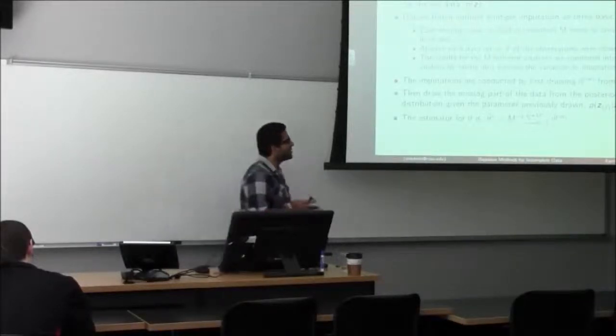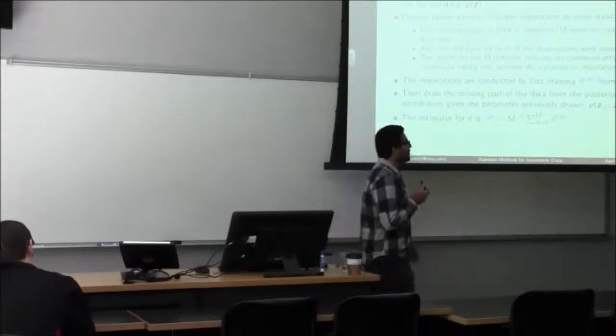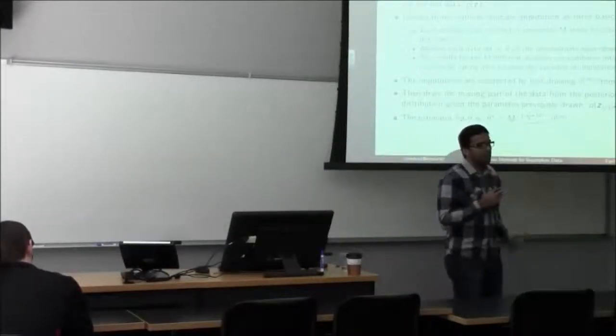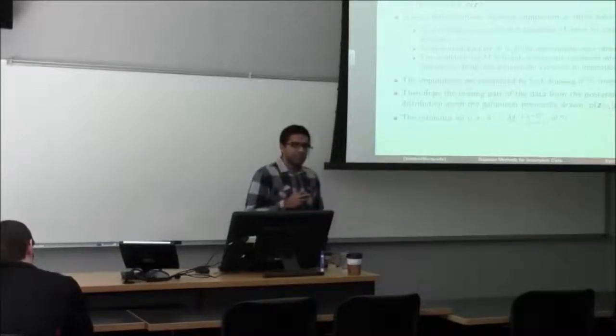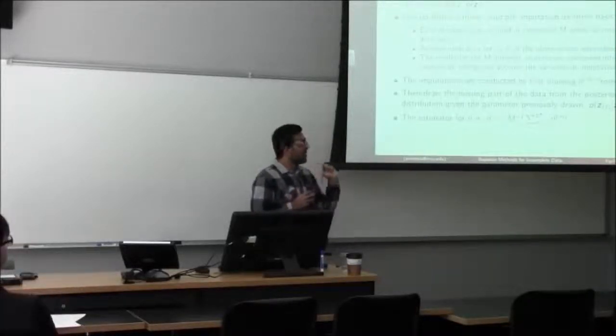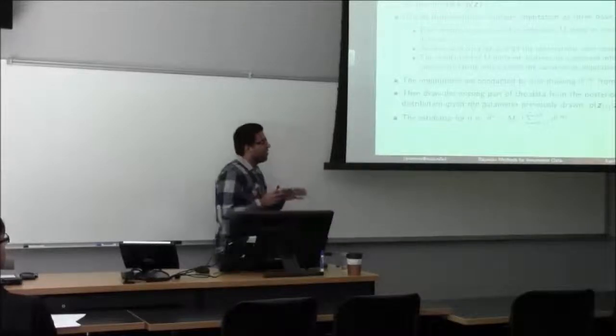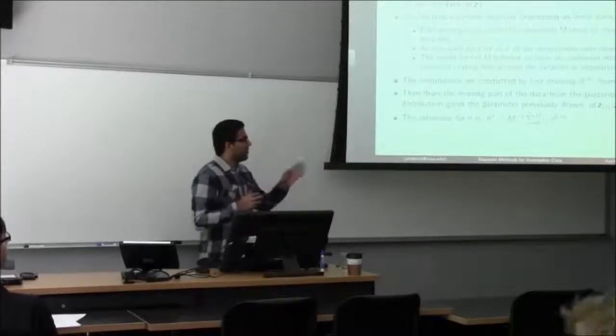So the reason it's called Bayesian imputation is because what you first do is you draw from the posterior distribution of theta given the observed data. So you posit a model, and then you can draw from that model a theta m.